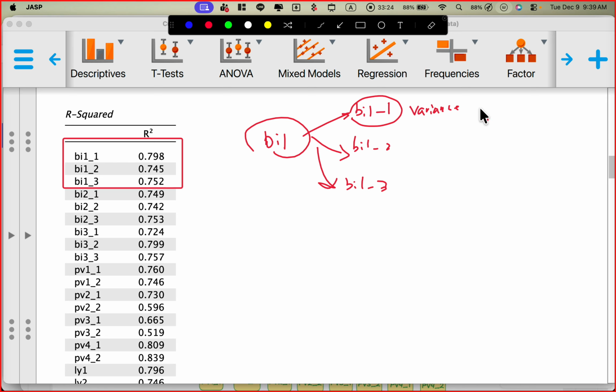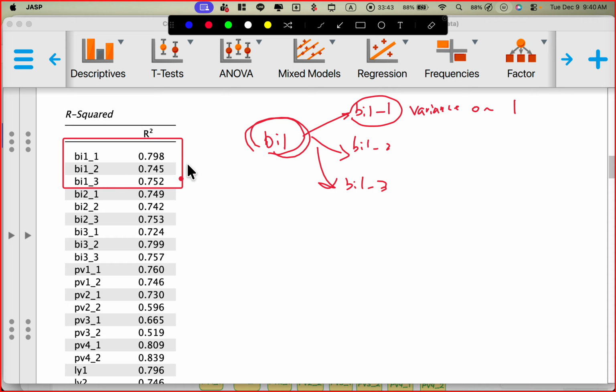The variance should be from 0 to 1. The BI1 construct can explain around 80% of the variance of BI1-1.